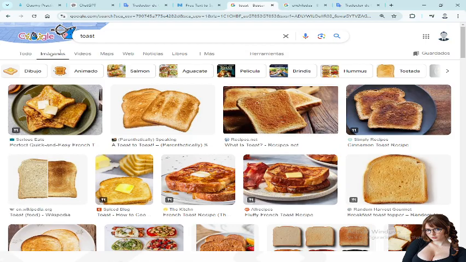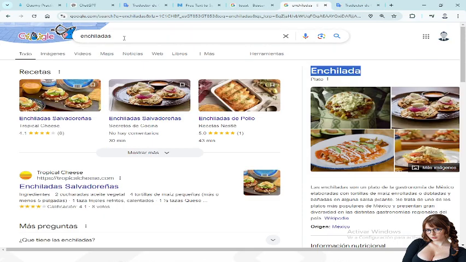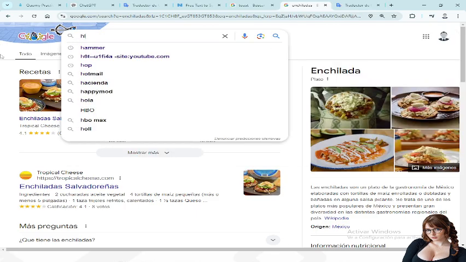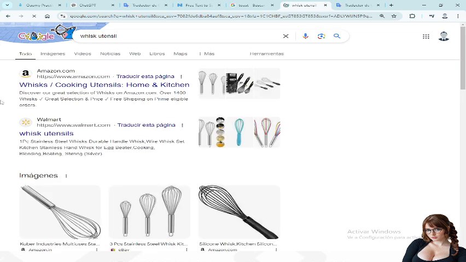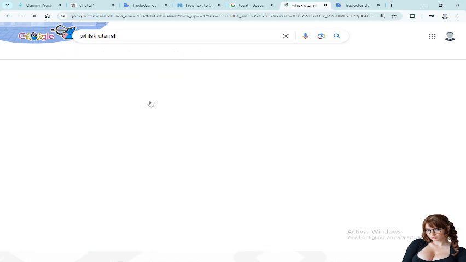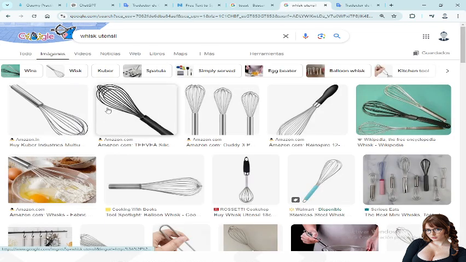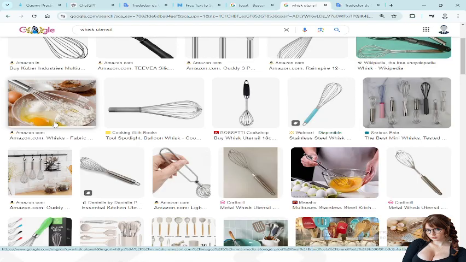For example, a whisk. This is a whisk. We use this utensil to move in circles and mix the eggs.